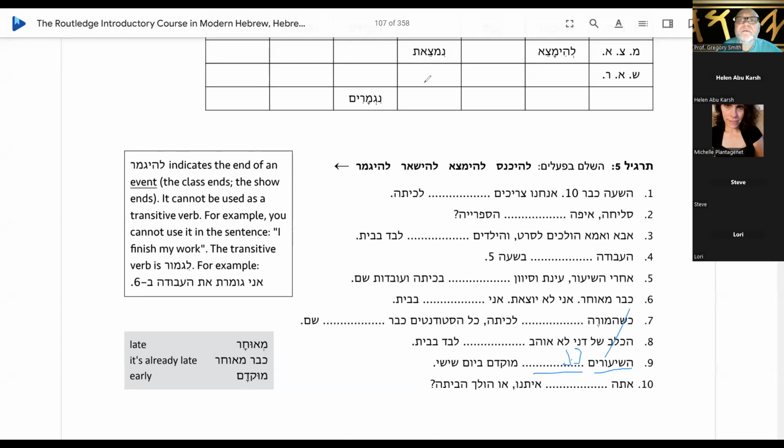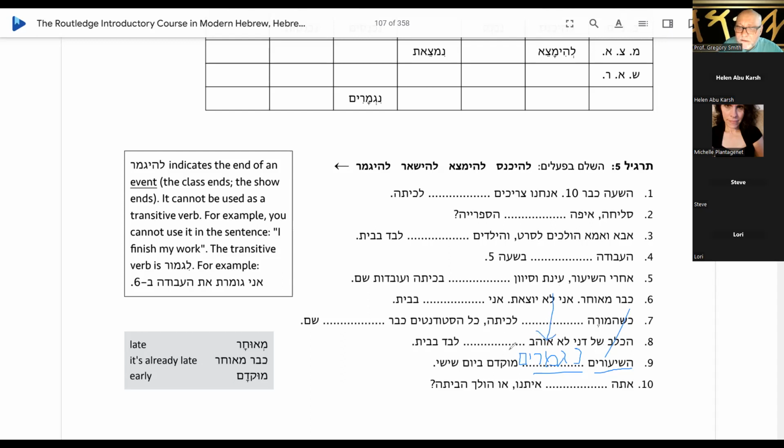I don't know why it's so hard for me to write a gimel sometimes. Okay, nigmarim. So hashiurim, the classes, nigmarim.